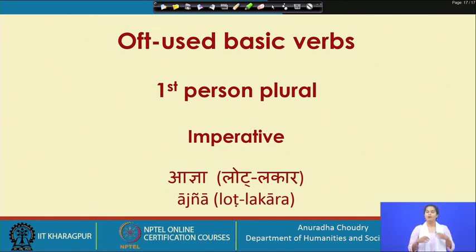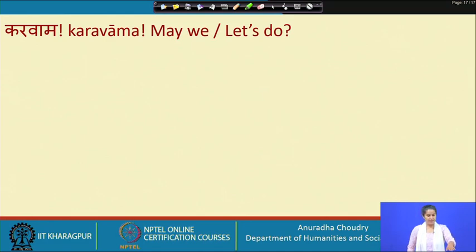So we have vayam kurmaha in the present tense, and in the imperative it becomes vayam karavama. So kurmaha in the first person plural imperative becomes karavama, which means may we or let's do.